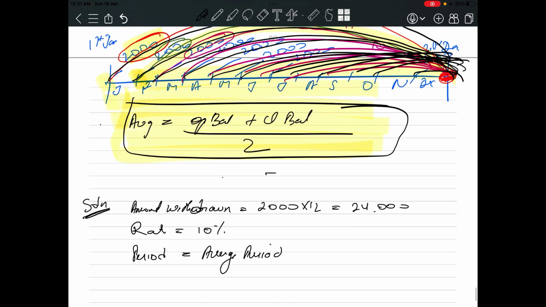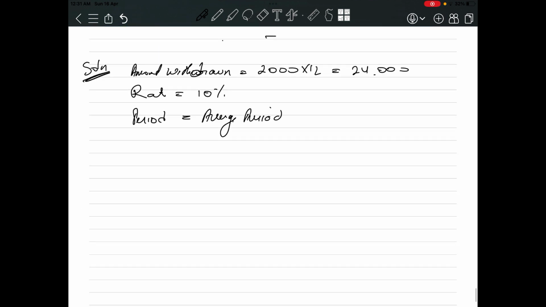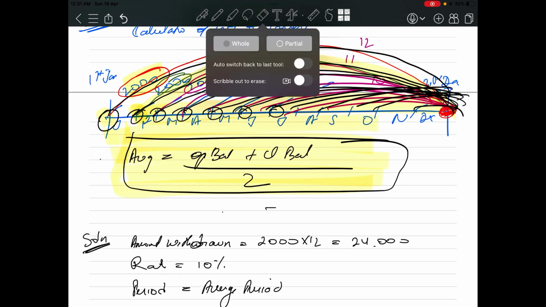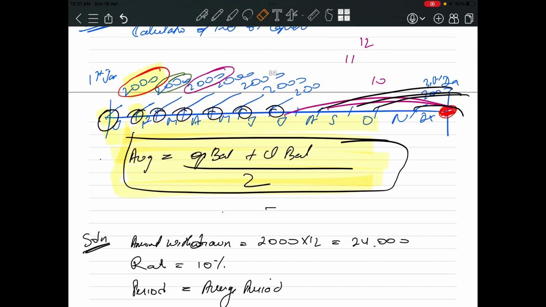The thing which I need is the period, the period for which I have used the money. Now I will apply the average period. So in order to apply the average period, what will I need? I will need the opening and closing period.